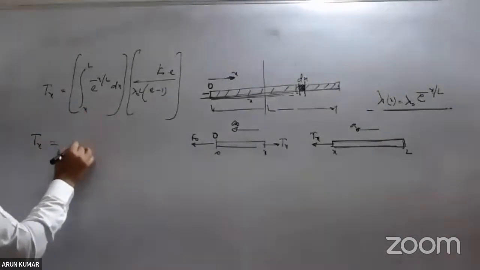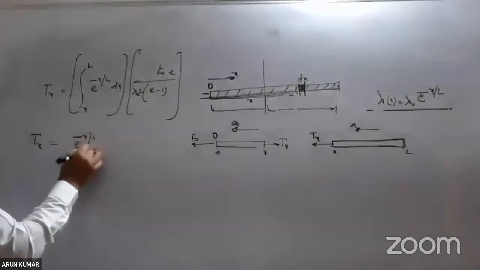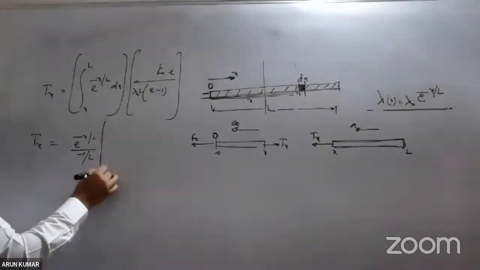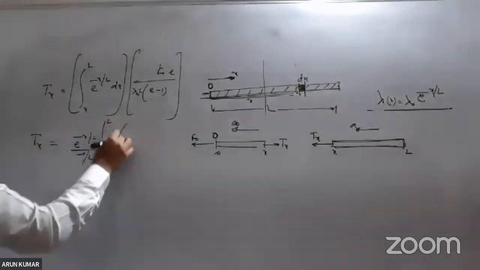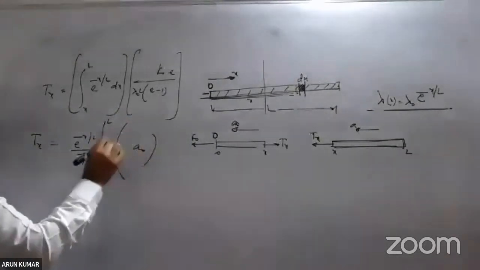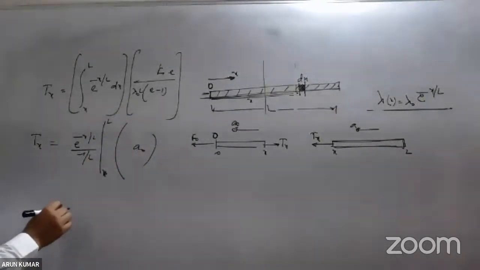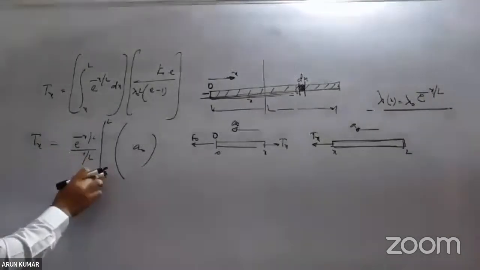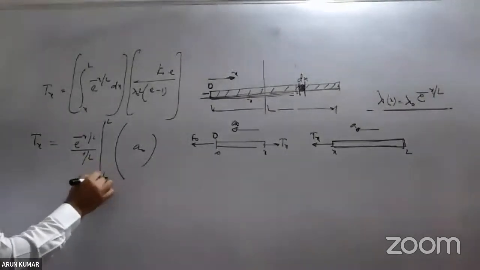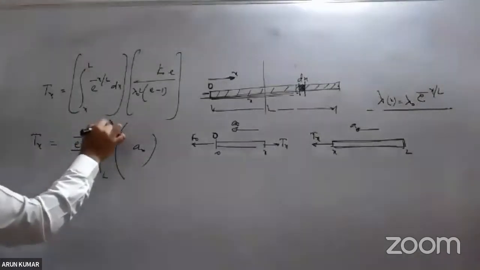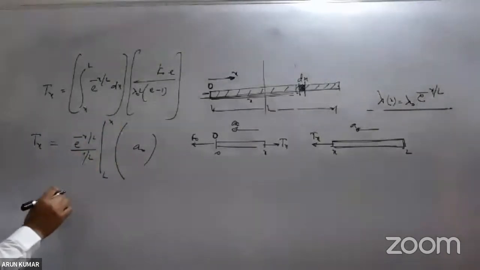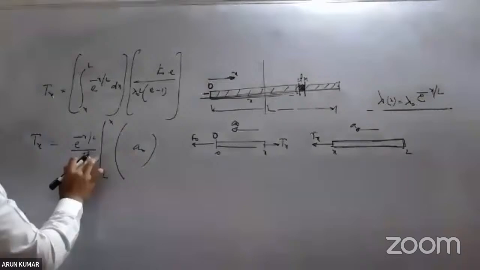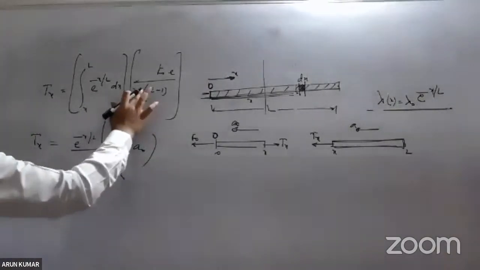So this integral would be e power minus x by L by minus 1 by L, under limits x to L, into this acceleration A, which is substituted at the end. Now I remove this negative sign and I flip the limits. And I've got A here, so this L gets cancelled out.